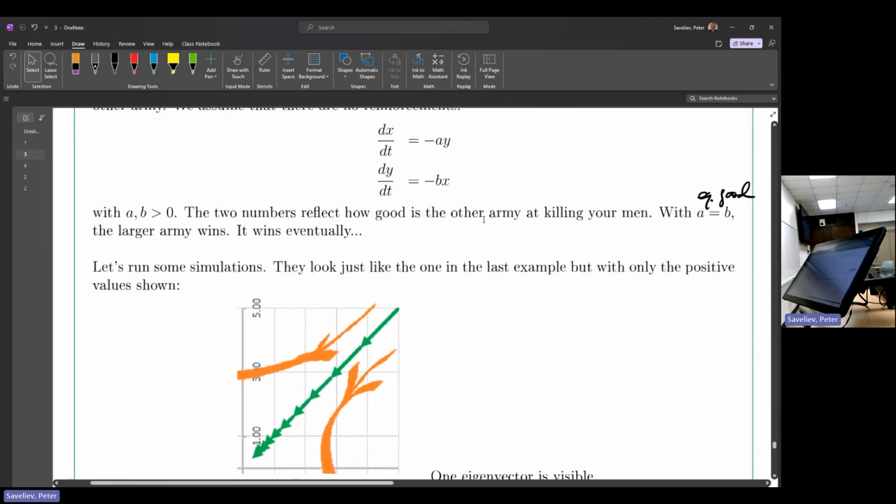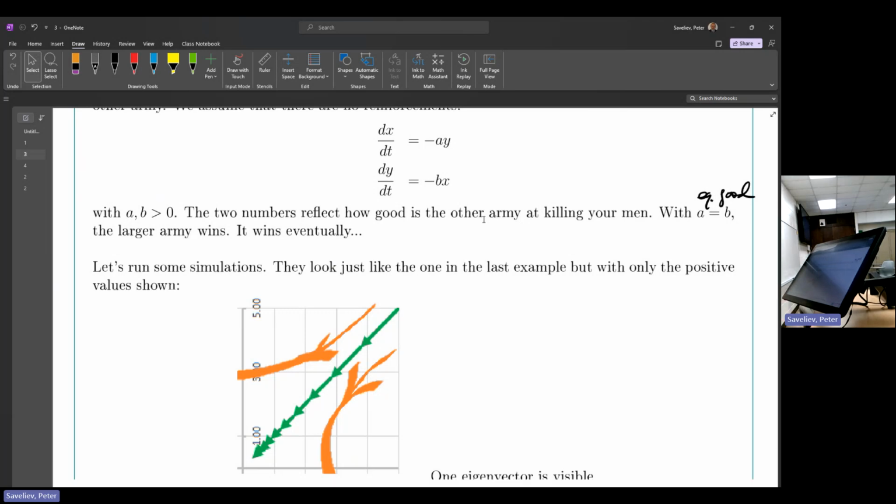The simulation behaves very similar to what we have seen before, but only with the positive values that we care about. And so naturally both of the armies are dying out. That's why everything is moving towards left and down.